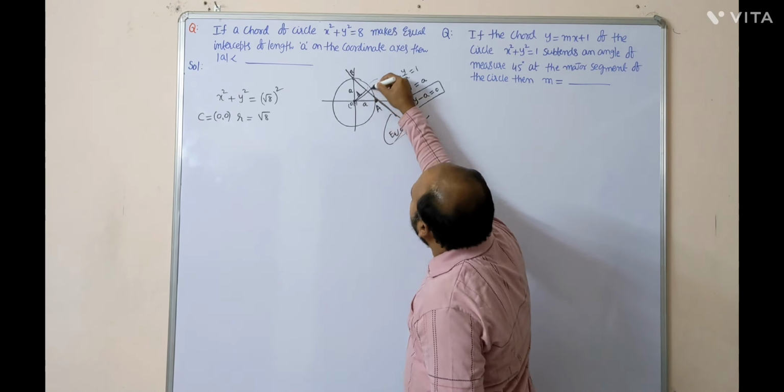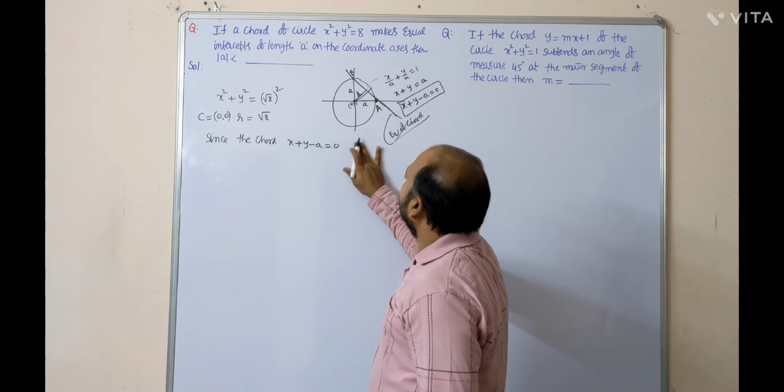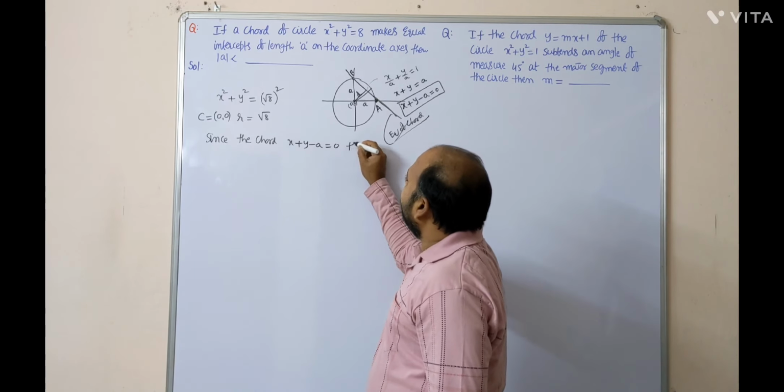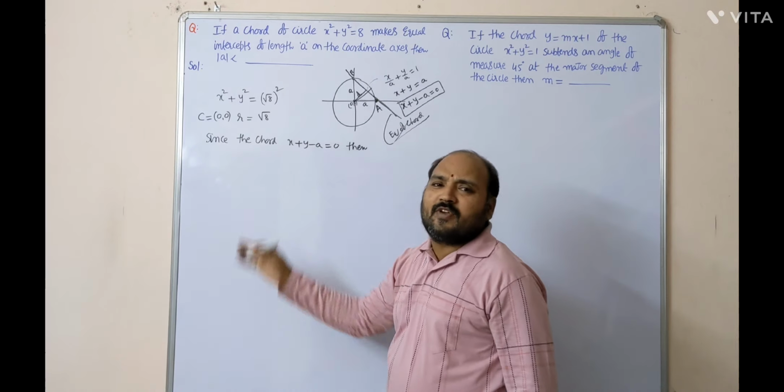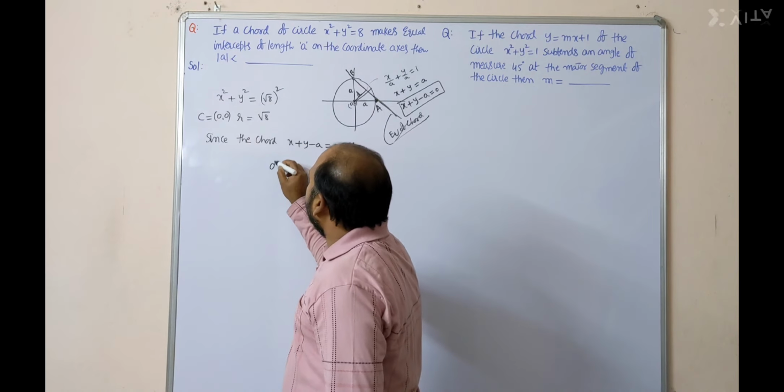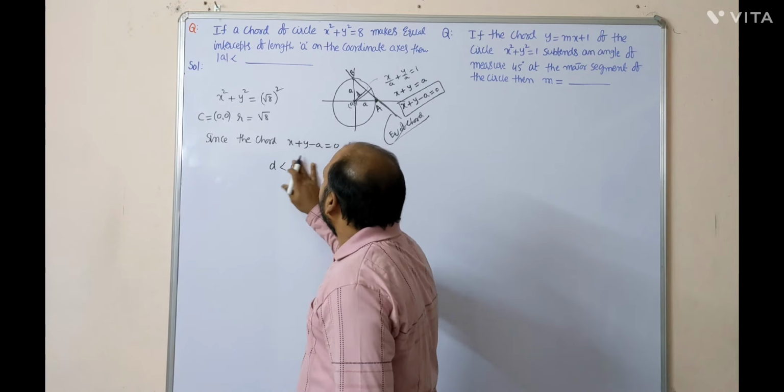From here to here it is the radius, from here to here it is the distance. Since the chord x plus y minus a equal to 0 cuts in two different points, D is less than the radius. What is D? The perpendicular distance from the origin to the line.